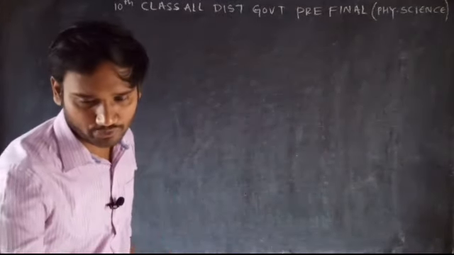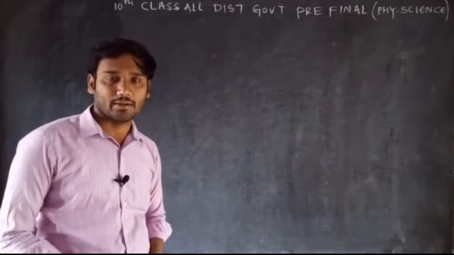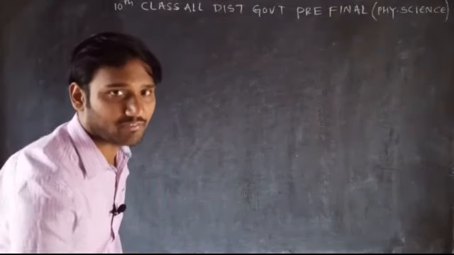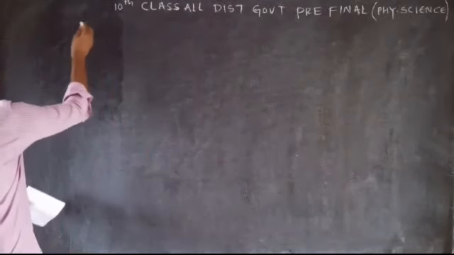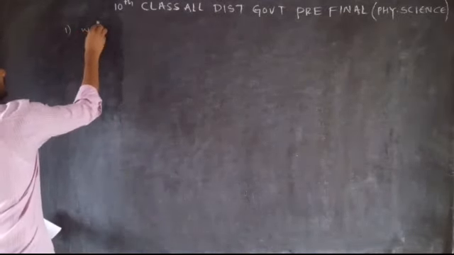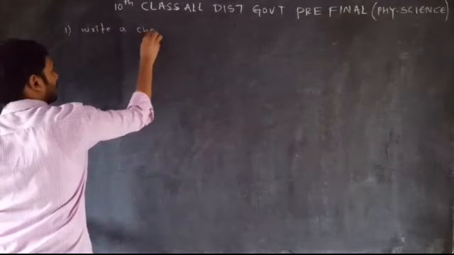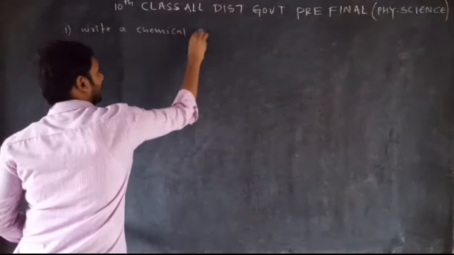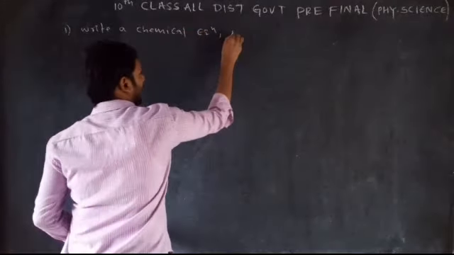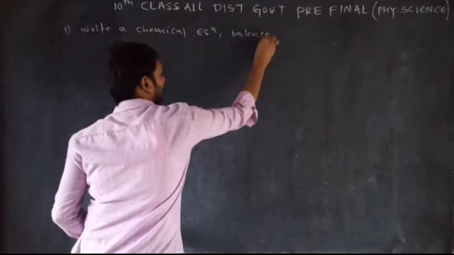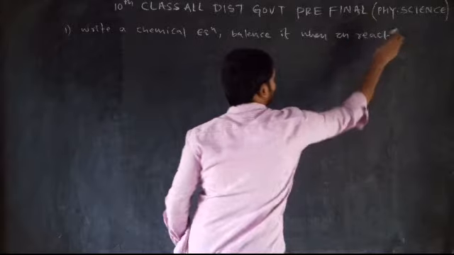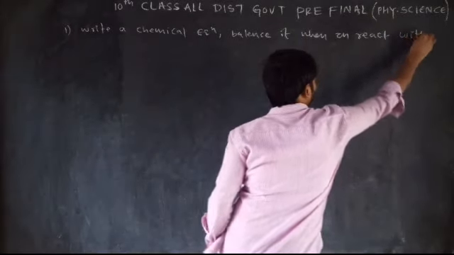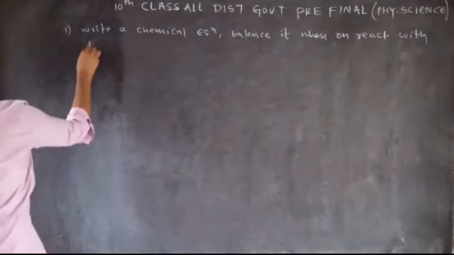So let us see the first question: write a chemical equation and balance it when zinc reacts with dilute hydrochloric acid.